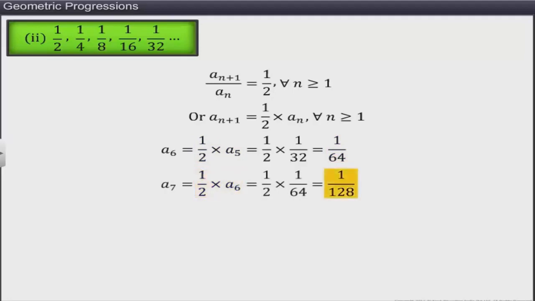Such sequences, where each term except the first one can be obtained by multiplying its preceding term by a non-zero constant, are called geometric progressions.